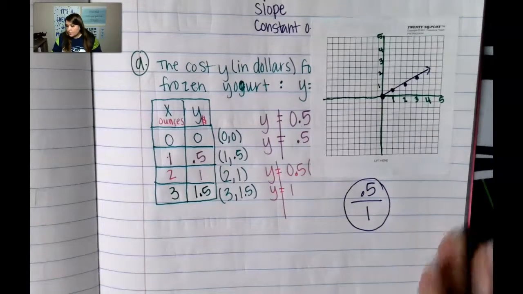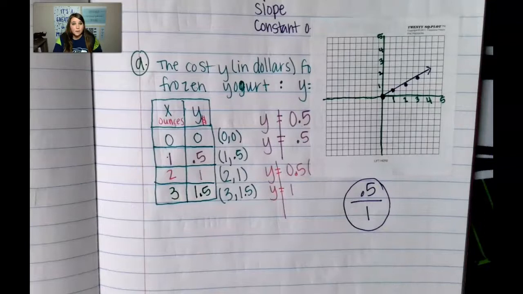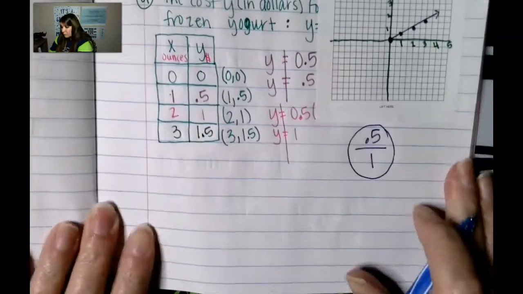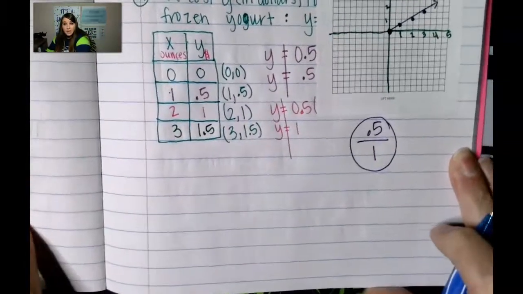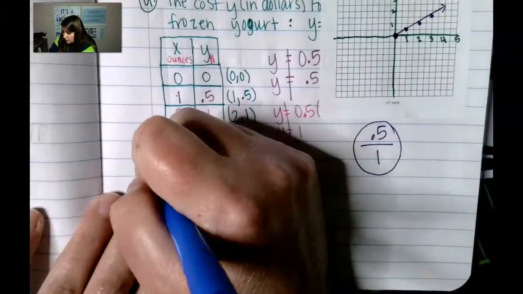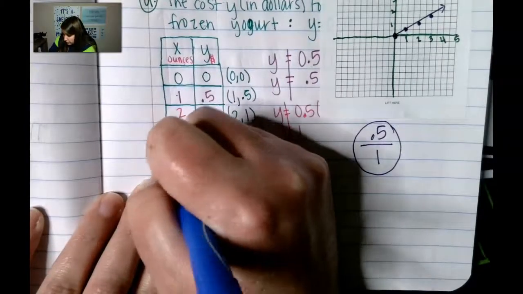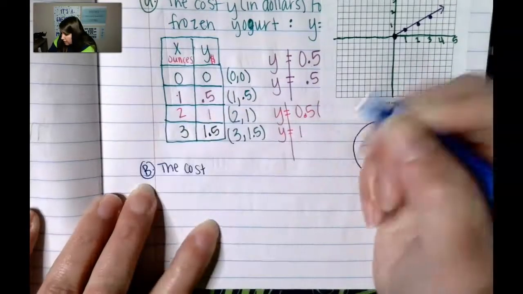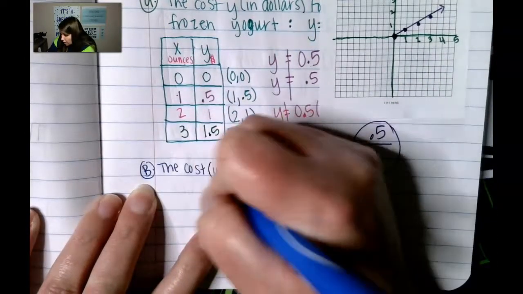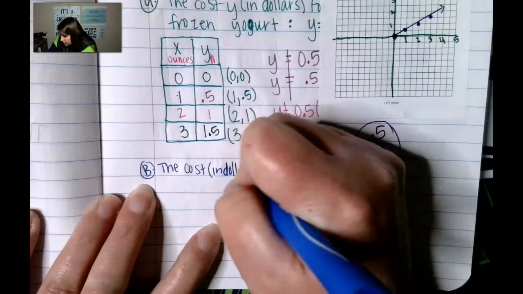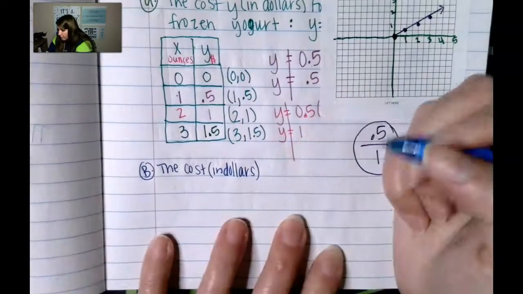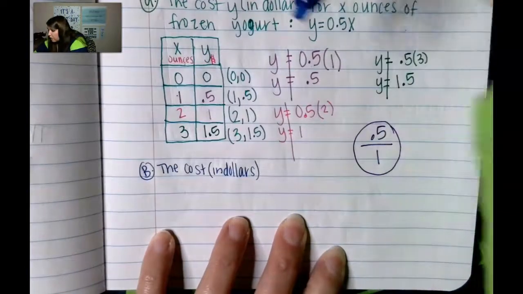Okay, let's look at doing another one. Okay, on this one, let's say that I am renting some movies. Okay, and the cost in dollars to rent a movie, what did I put up here? Oh, there we go.